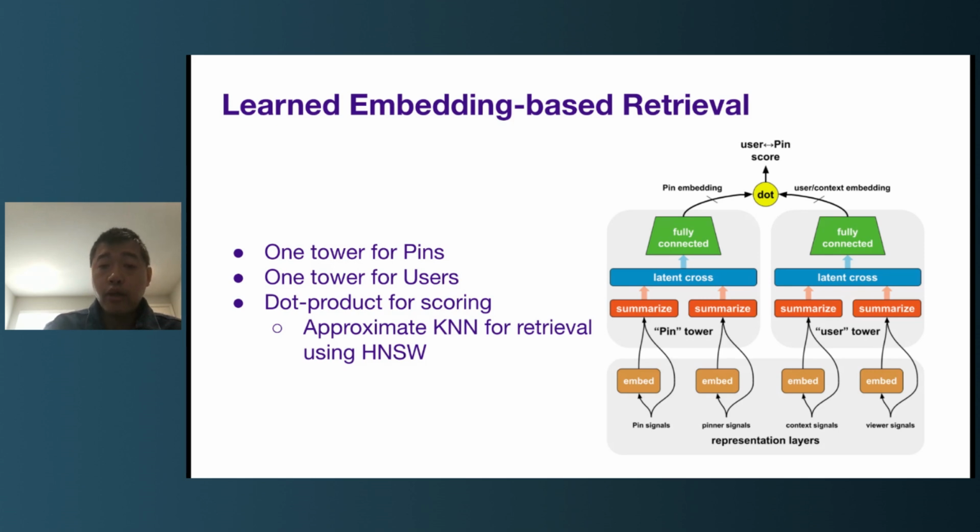Since the dot product of the pin embedding and user embedding is the score for the retrieval, we can use approximate KNN methods such as HNSW to efficiently retrieve the candidates given a user embedding at runtime. This architecture has been very, very efficient in incorporating any machine learning signals we built for our users and content. And it has also generated continuous engagement improvements as we keep adding signals and innovating with our machine learning architecture.